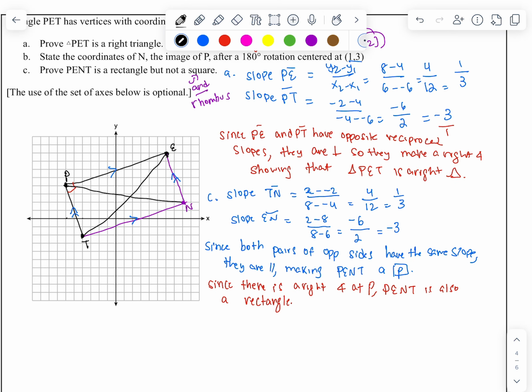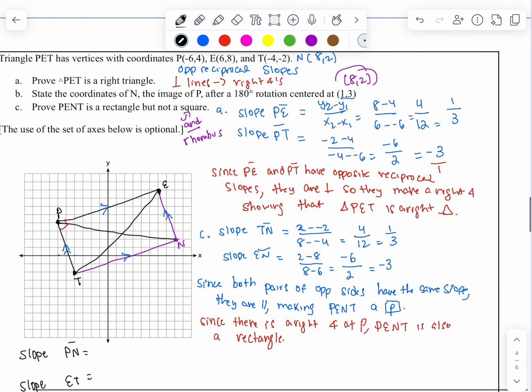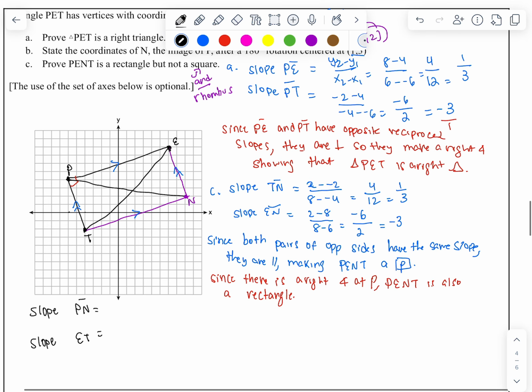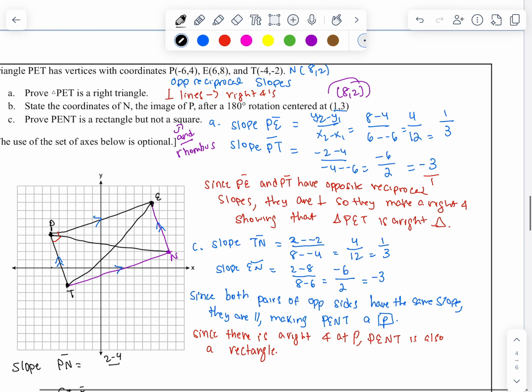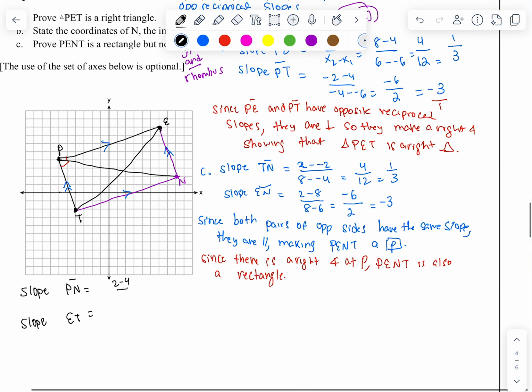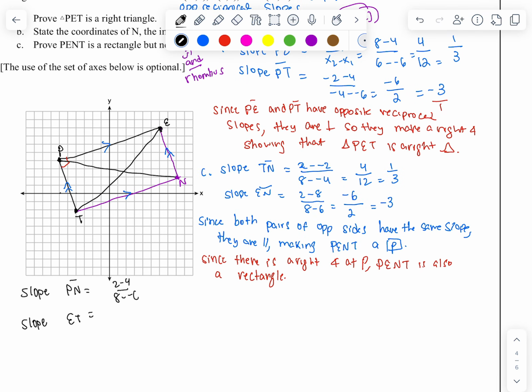So I'm going to find the slope. I'll do it over here. Slope of PN, one of the diagonals, and the slope of ET, the other diagonal. So let me get my coordinates. So that's 2 minus 4 over 8 minus negative 6.